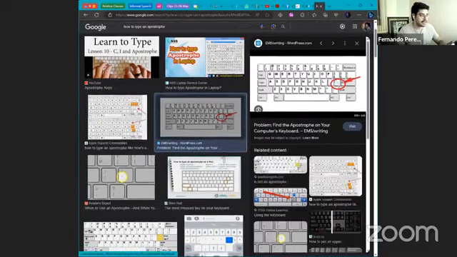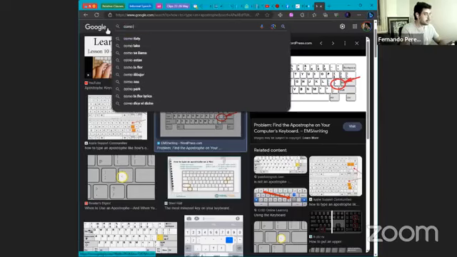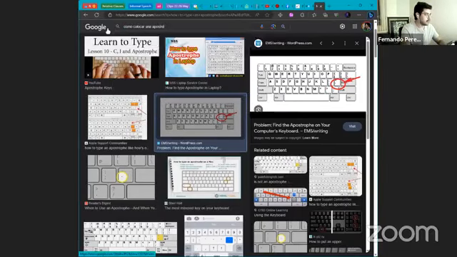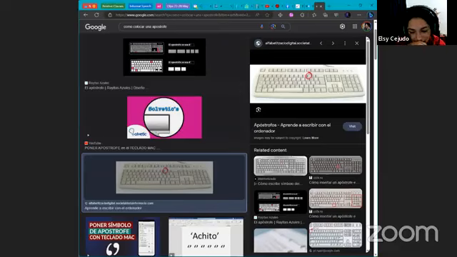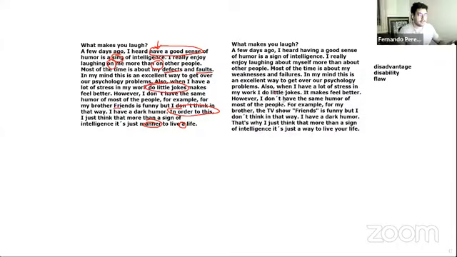In the English keyboard it is the symbol, but in the Spanish keyboard it is the key next to the zero. If your computer is in Spanish, you need to use this button, not the other, next to the zero.